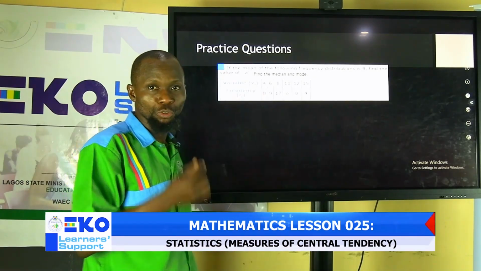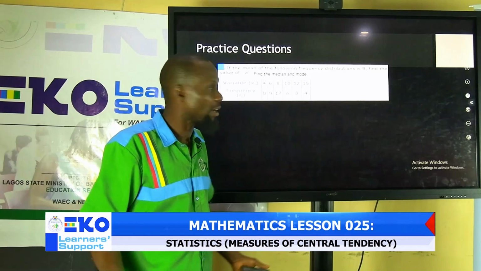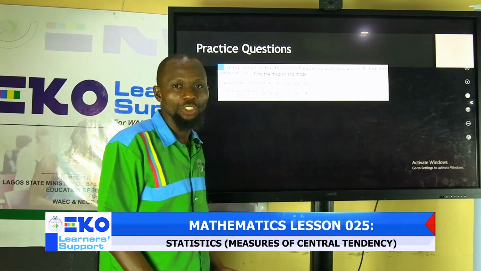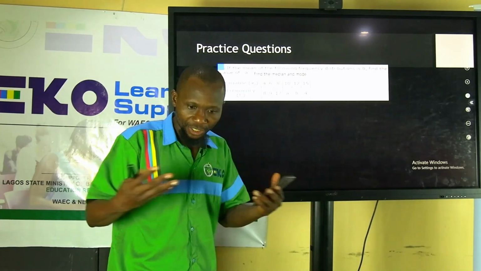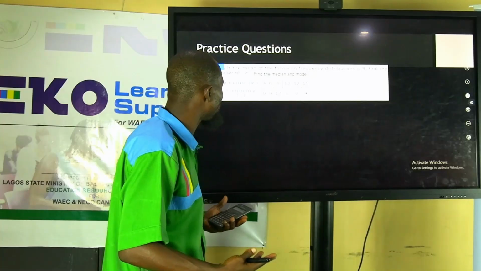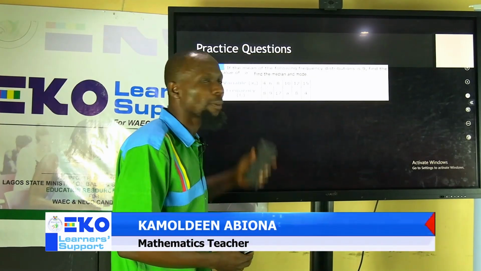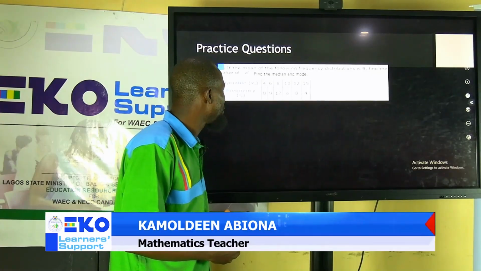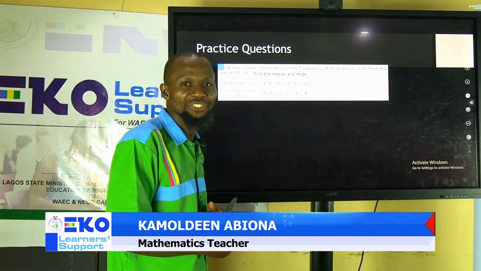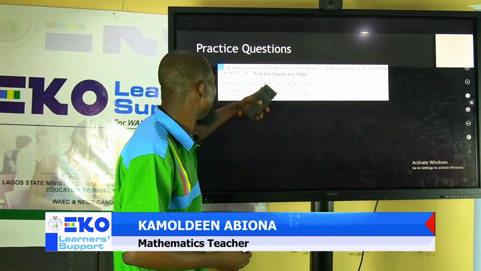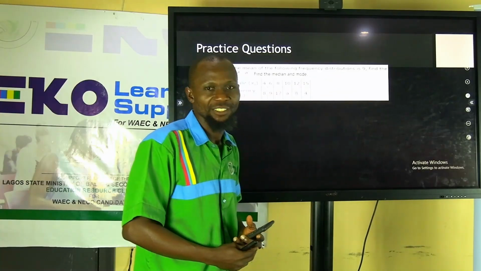What I expect you to use here is your knowledge of algebra. We have looked at the definitions of mean, median, and mode, so we are going to apply our knowledge of algebra here to find the missing value for the mean of this to be 9.